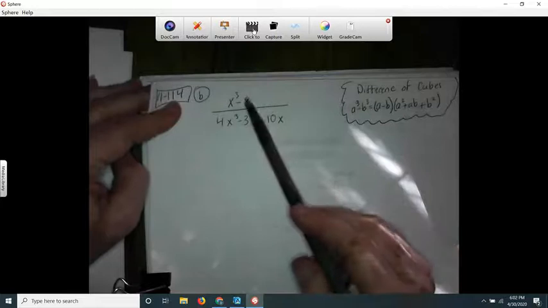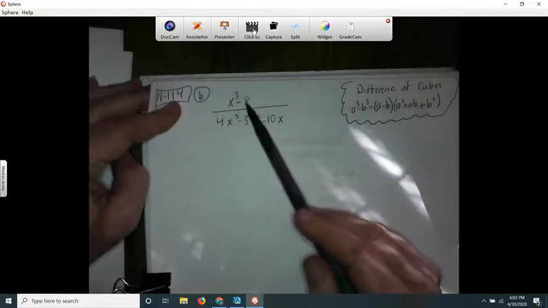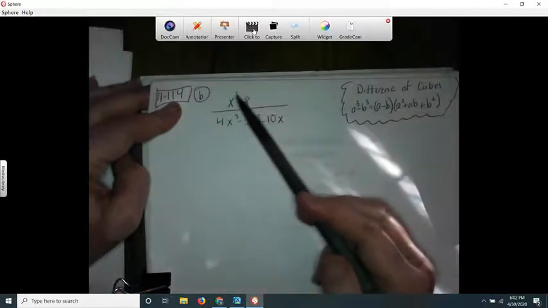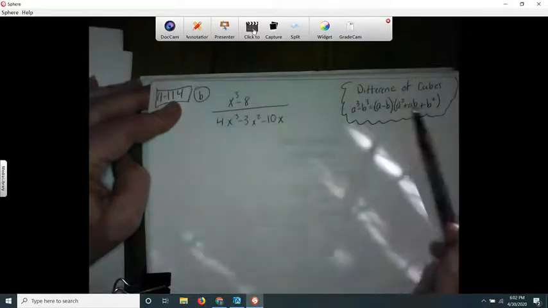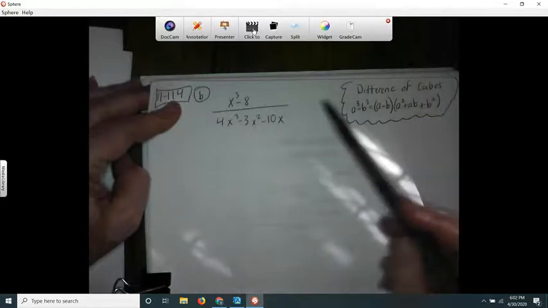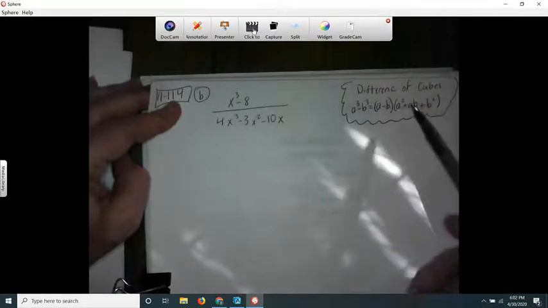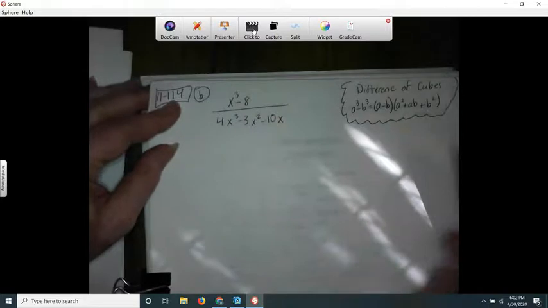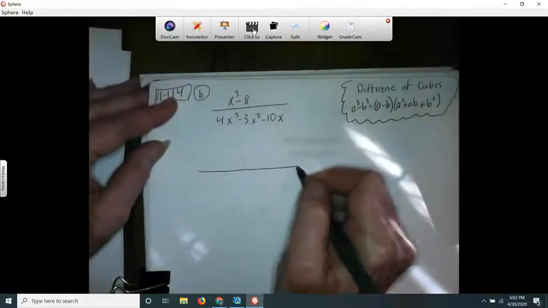So this up here is a difference of cubes. You can do polynomial division on this if you don't know this formula, but since I know there's a formula that helps me factor a difference of cubes, I'm just going to use the factor pattern.